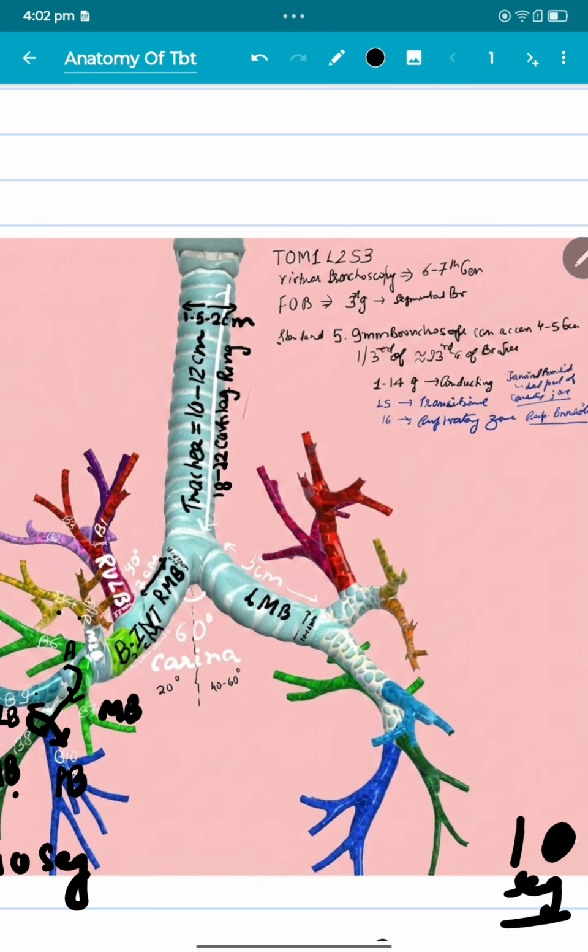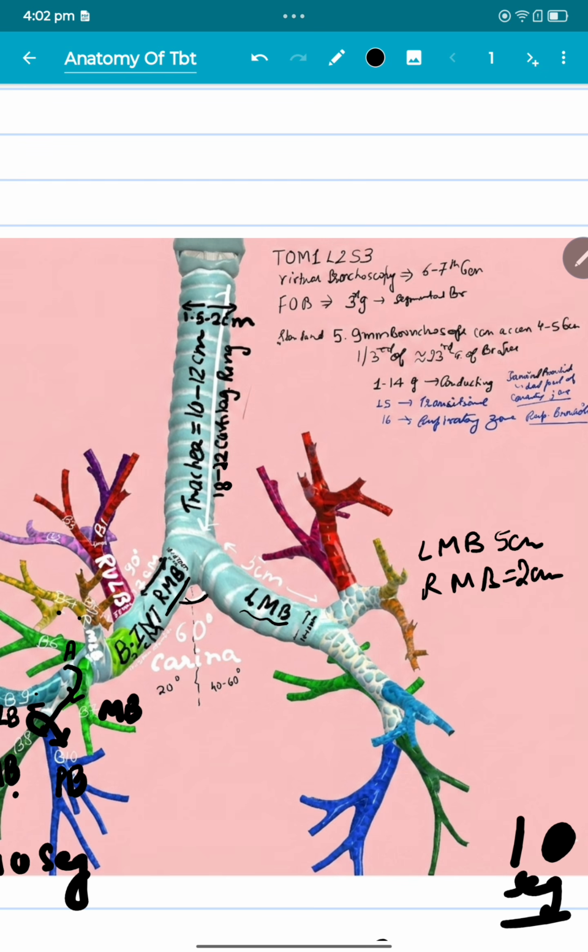Then we have the main bronchus, right and left main bronchus, which is about 2 centimeter in length on the right side and about 5 centimeter on the left side. This is the carinal angle.